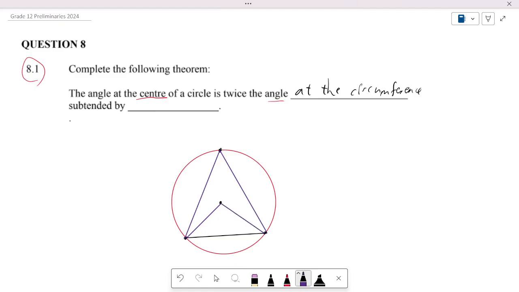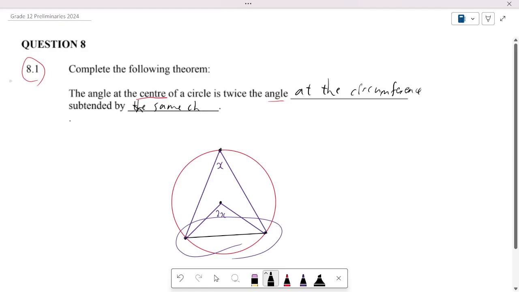Let's say this would be x, and the angle at the center would be 2 times the angle at the circumference. It is subtended by a common chord, or we can say the same chord.